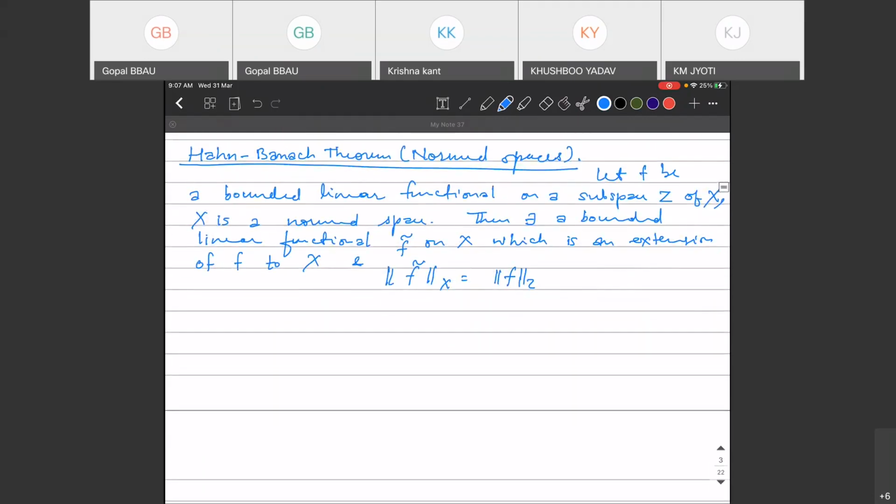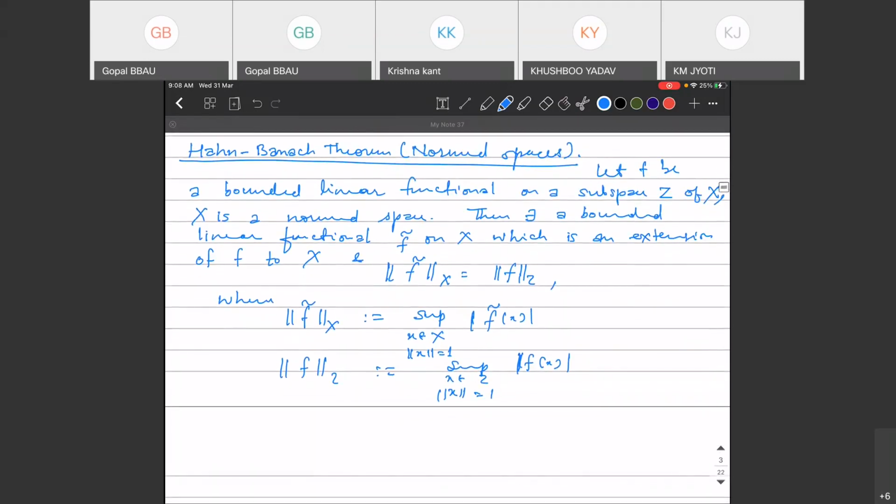So here, by definition, you all know what this is. This is the supremum of mod f(x) over x in Z with norm of x equal to 1, and similarly for f tilde, the supremum over x in X. So we will prove this theorem.